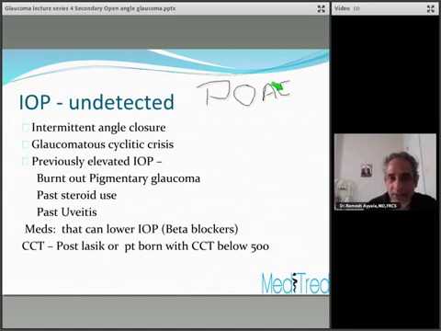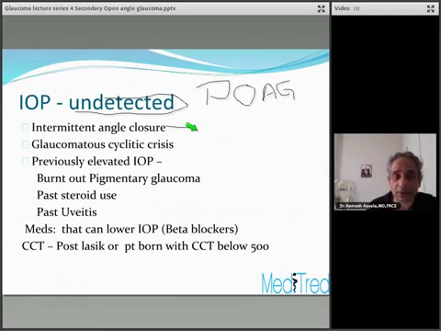But in this slide, what we are trying to do is to distinguish those patients who are having intraocular pressure that is intermittent in nature, and we cannot detect it in the initial clinical exam. So the causes for that include intermittent angle closure. It's extremely important that you do a gonioscopy, and the way to diagnose intermittent angle closure is via gonioscopy.